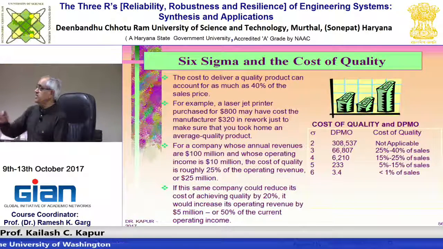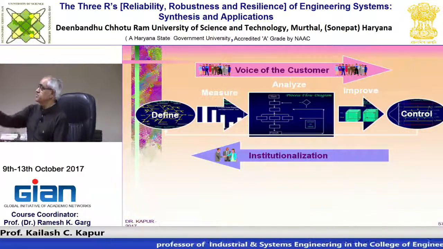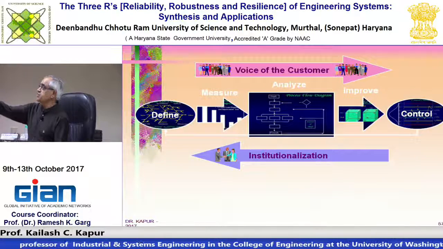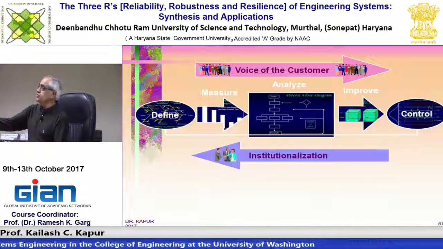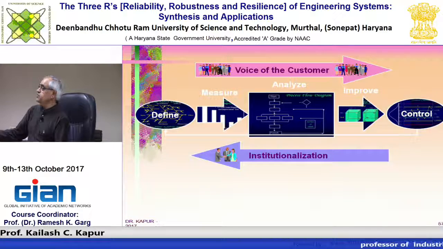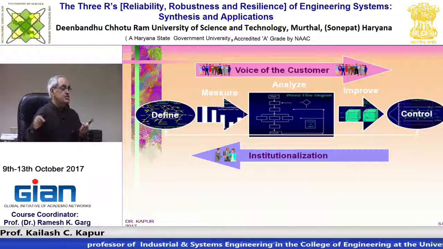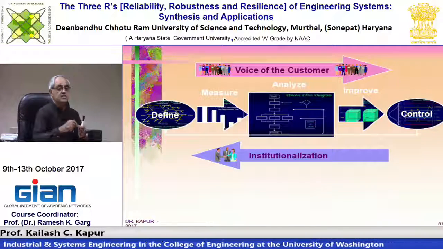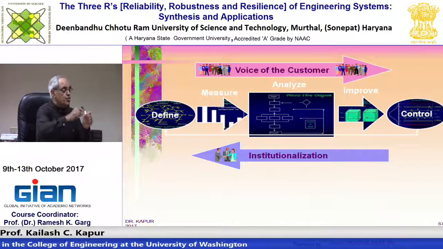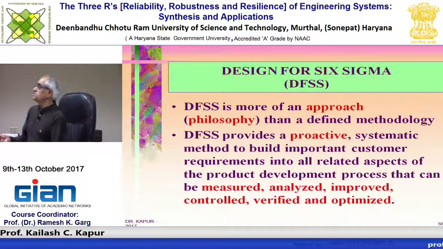Then you could discuss ideas about benefits in terms of cost of quality and so on. So this is just the idea of a picture saying that this is what we teach in a company, and then slowly you can institutionalize it. The word institutionalization means that you make it permanent in the organization. It is not something you do once, but you promote this thinking in the organization.